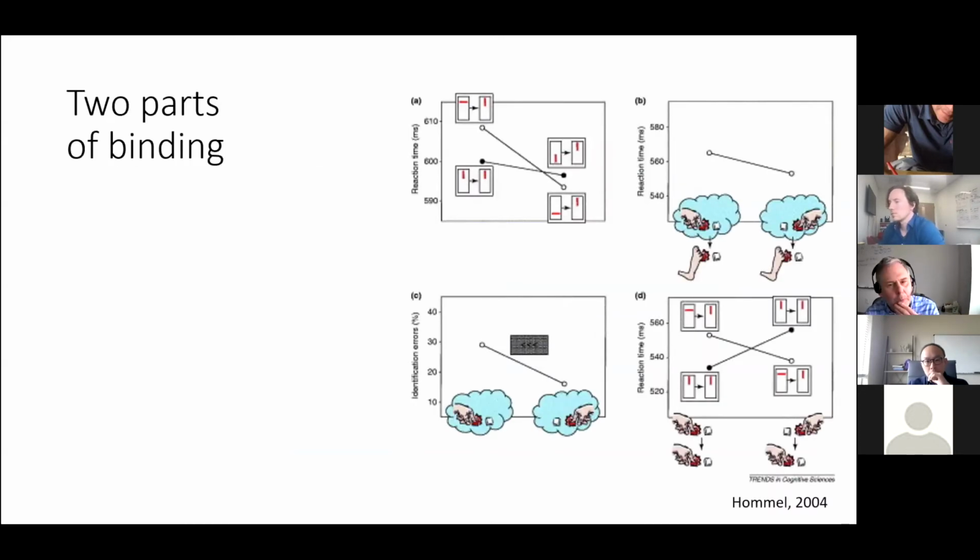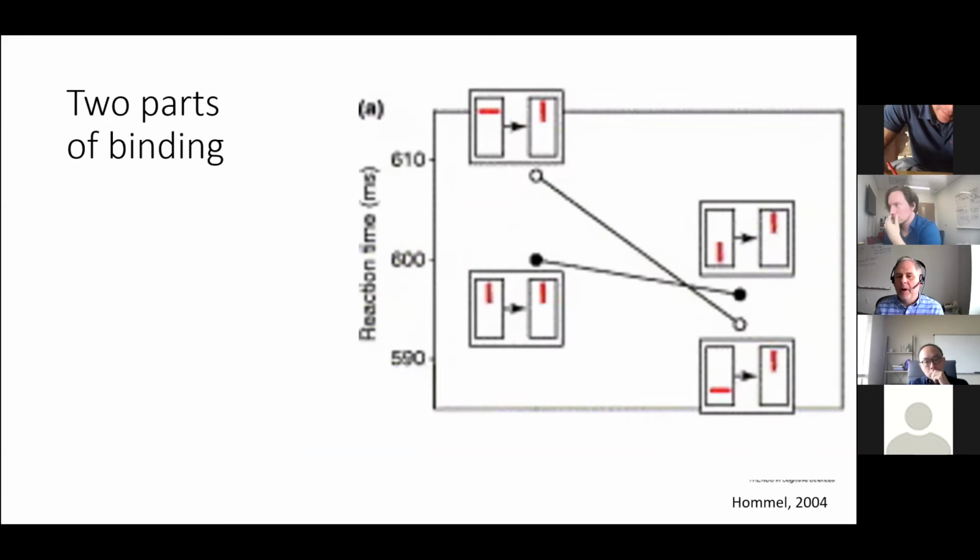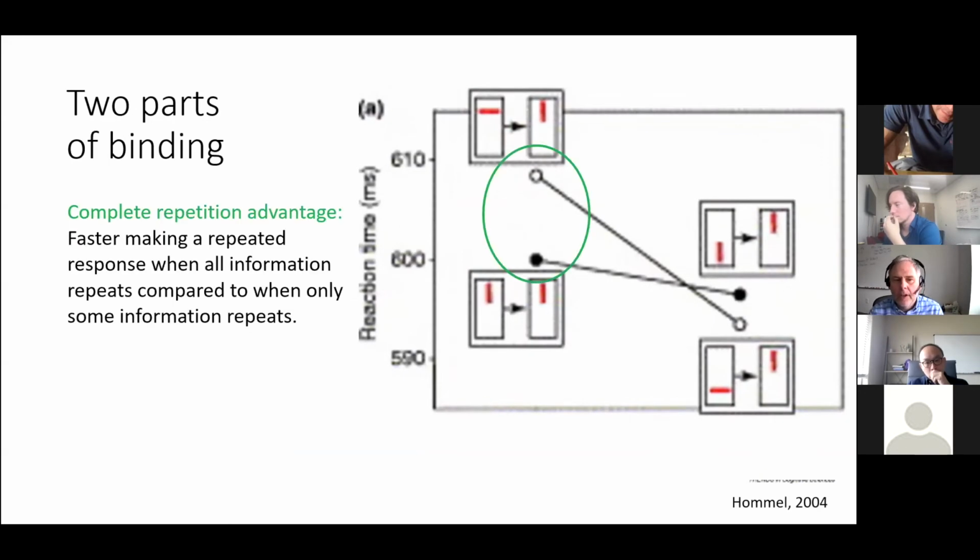The first thing I want to point out is that in many cases, particularly choice RT, where I spend most of my time, you can think about binding as having two parts. There's the complete repetition advantage, which is how much faster you are when everything repeats. When you're making the same response, you're faster when everything in the display repeats compared to when the task relevant information repeats, but the task irrelevant information changes. And that's this complete repetition advantage.